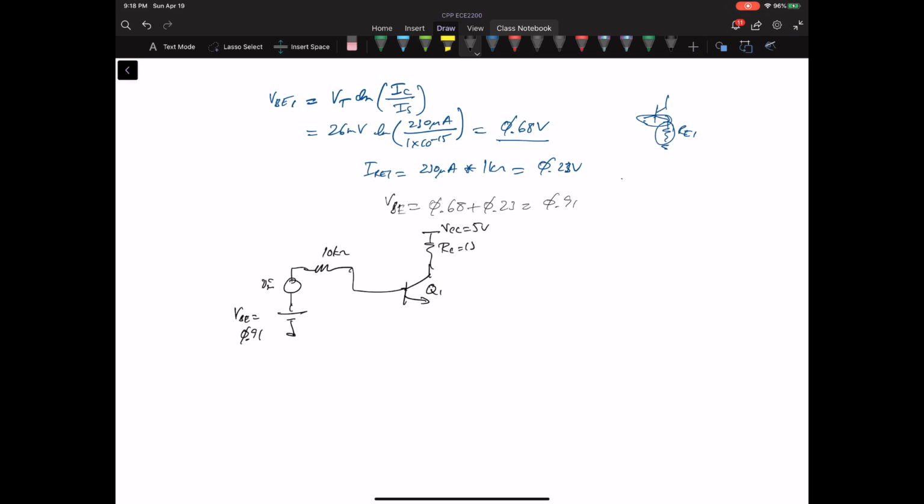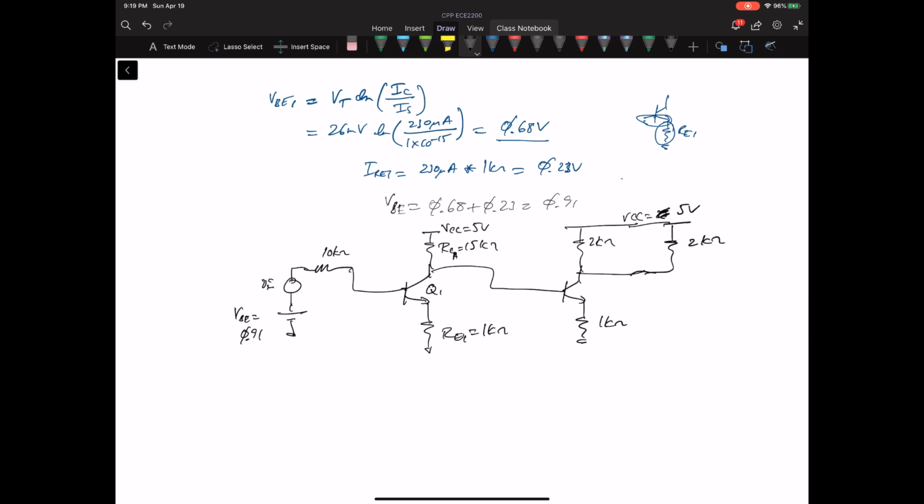We've got R sub C of 15K ohm, which I'm going to call R sub C1. RE1 is 1K ohm. And that is driving our second stage, 1K ohm, and we said 2K ohms here, and this is 5 volts. We're also driving this load, which is another 2K ohm. Okay, V out, and then V out.